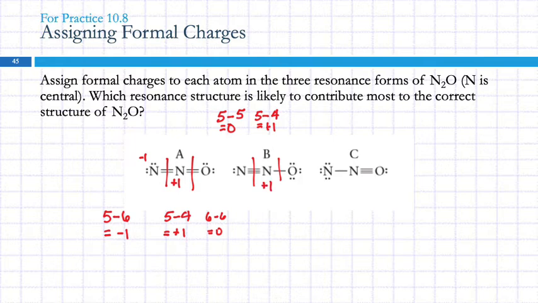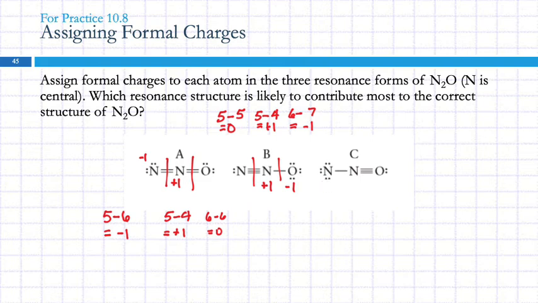And the oxygen on the end brought 6 and leaves with 7. So we're only going to count up to the red line. So that's half of the bond. So there's 1 here, and 6 is 7. So both of these have a +1 and a -1, not a huge difference.